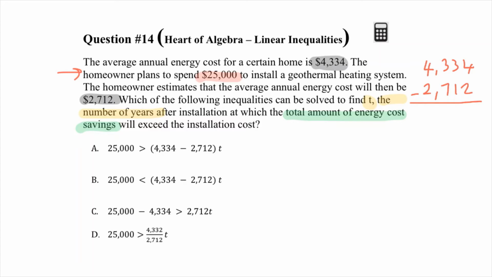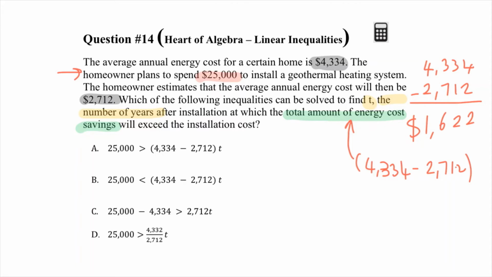If you want to find it as a number, you are going to find 1,622. This is the savings. How do I find that? I simply subtract them: the average energy cost before installation and after installation, to find the total amount of energy cost savings.